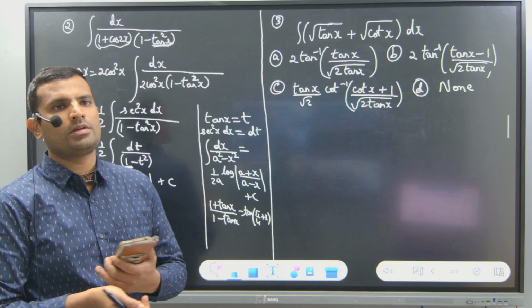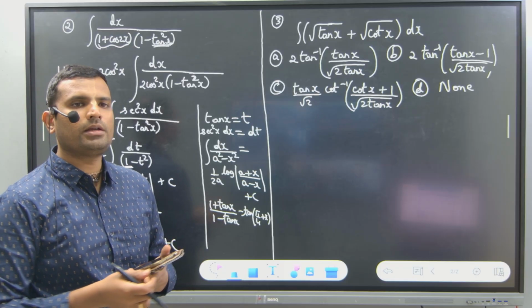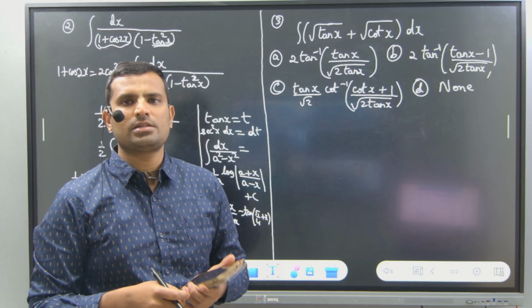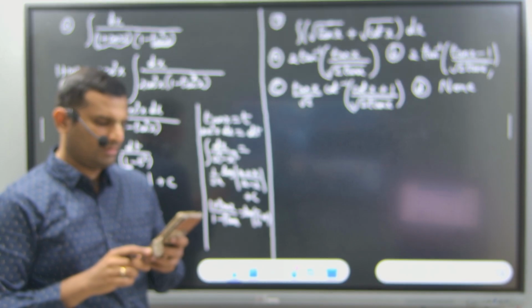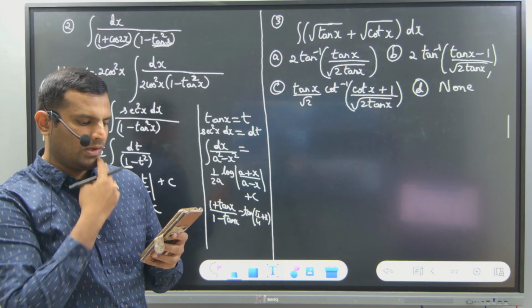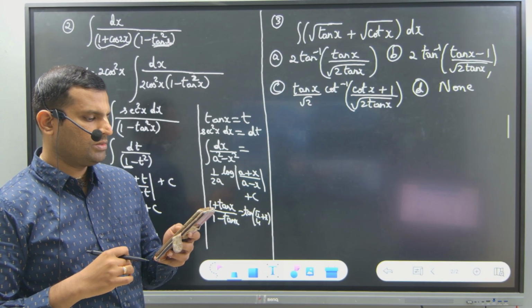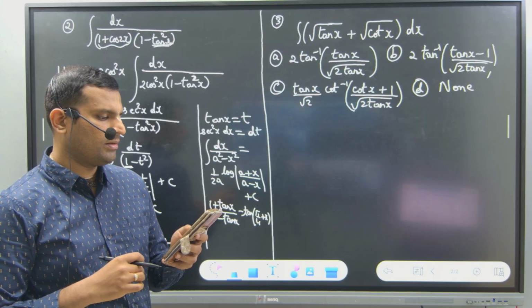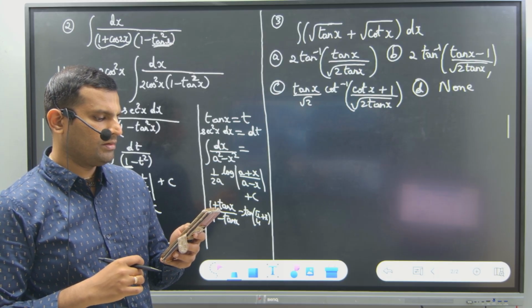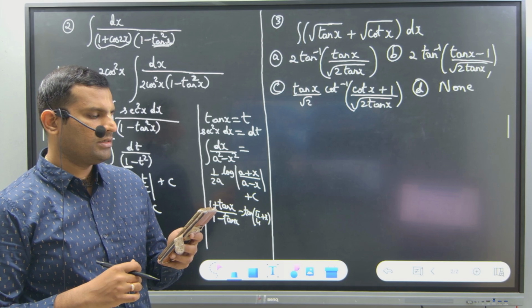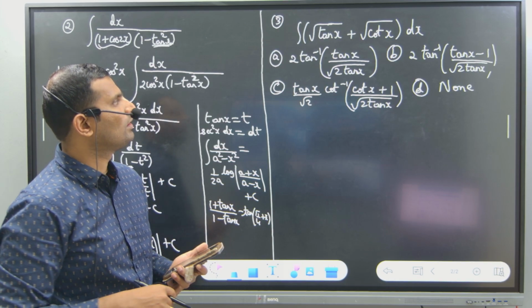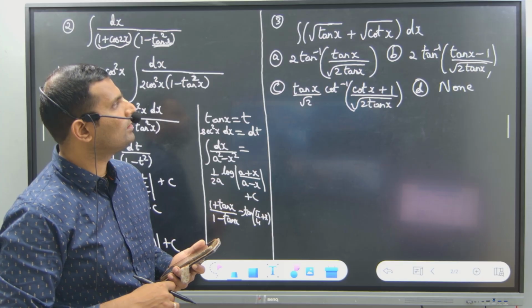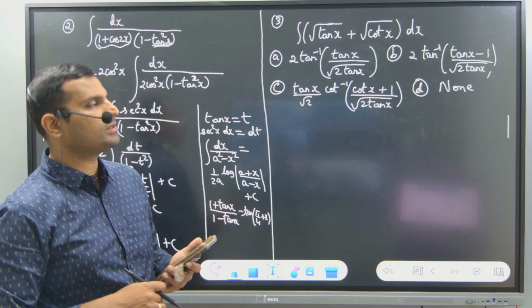Maybe I'll give you the first step clue. Anybody would like to try? What can be a first step for this? Any clue, students? Yes, quickly, students. Tan x is sin x by cos x. Very good.